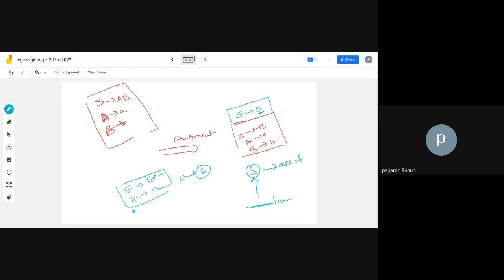In this case, this is E and this is also E. So for which production do we say it is accepted? That is the problem. So for that purpose, we are taking a new start symbol.